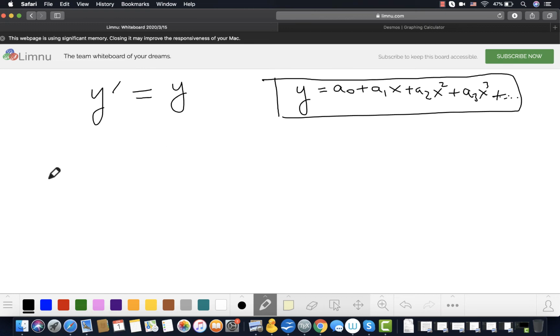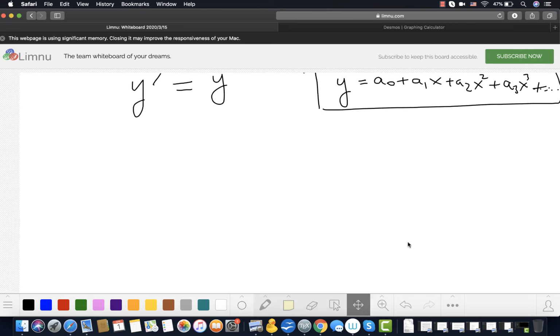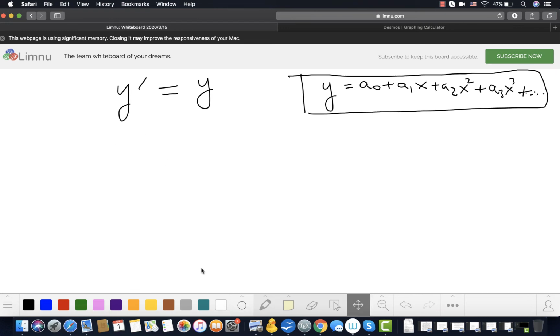So if you substitute this here, what do you get? Let me write it clearly. I have a0 plus a1x plus a2x squared plus a3x cubed plus dot, dot, dot.